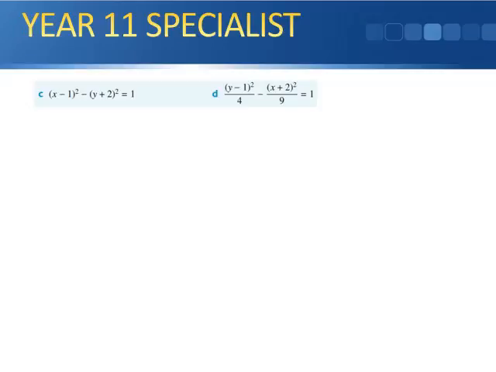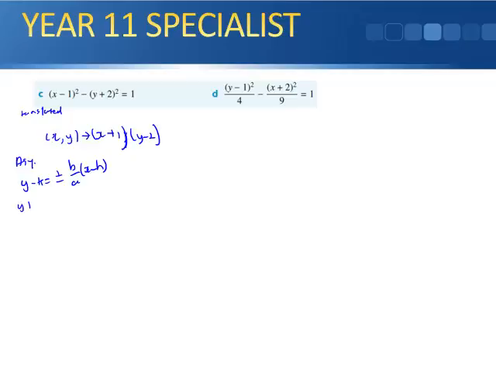Alright, part C, x minus 1 squared, this has been translated 1 unit right, so really I've gone x to x minus 1, and y to y plus 2. Okay, so that's what's happened there. So the asymptotes, I'll have to use y minus k equals plus and minus b over a times x minus h.